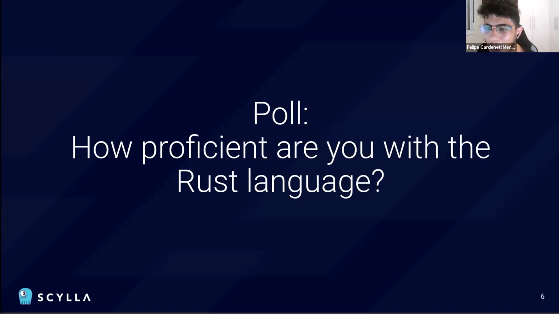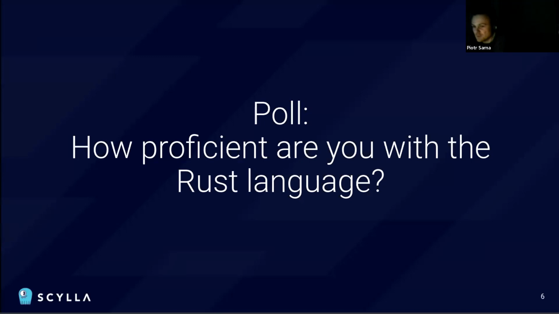And well, let's move forward and let's switch back to Piotr, who is our Rust driver developer, and he's here as our principal engineer. Piotr? Hi everyone. Let me start with a short introduction on why Scylla and async Rust are a great fit for each other.